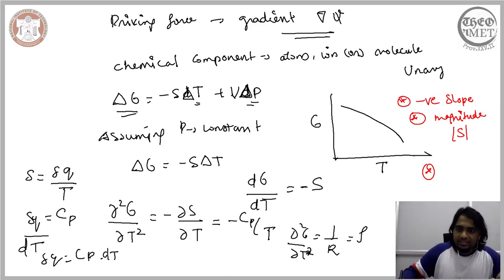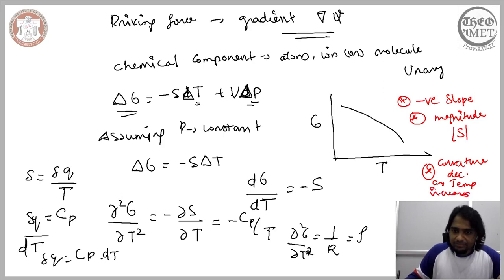And thirdly, the curvature of the slope decreases as the temperature increases. Since the temperature is in the denominator, as the temperature increases, the overall curvature decreases. So this curve is not a straight line, but tends to get more and more curved as the temperature increases. Therefore we will not have a constant slope, but a varying slope.